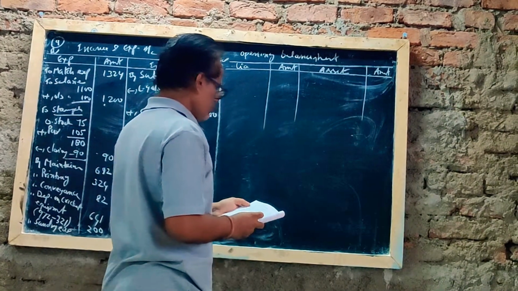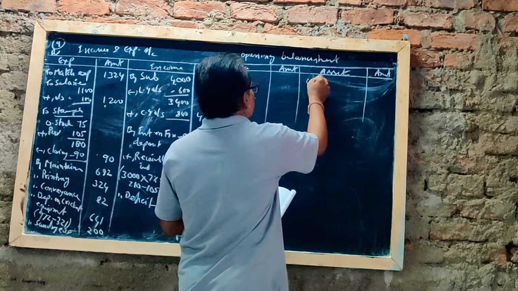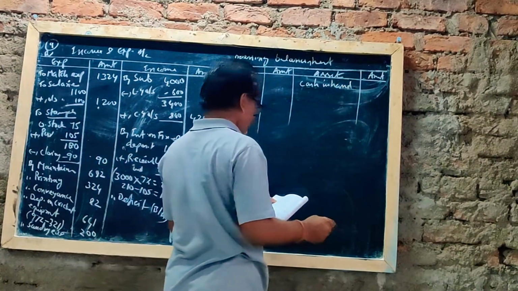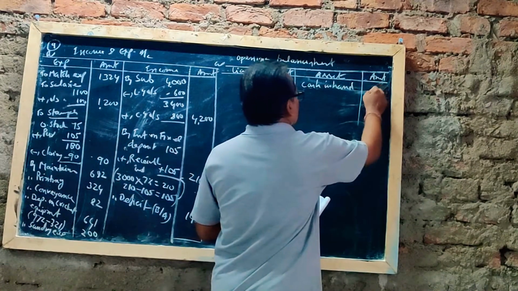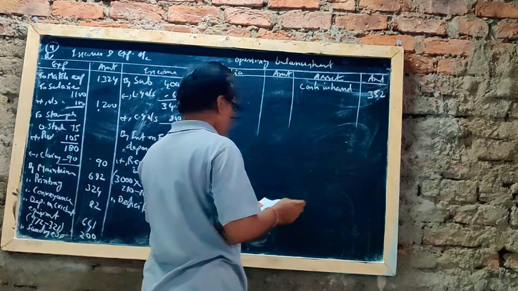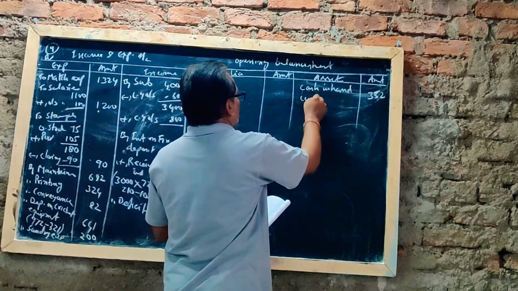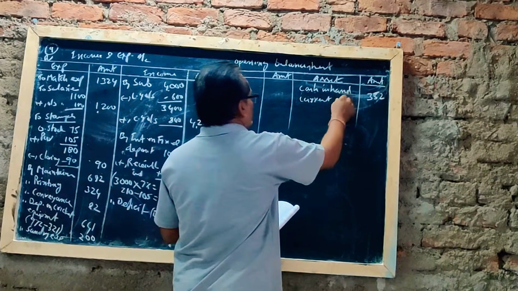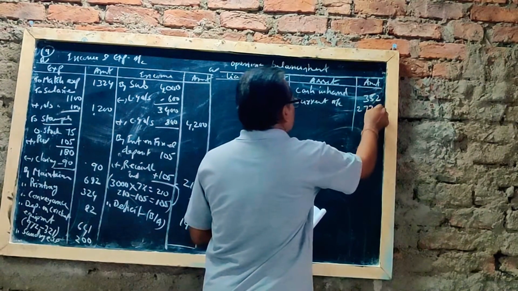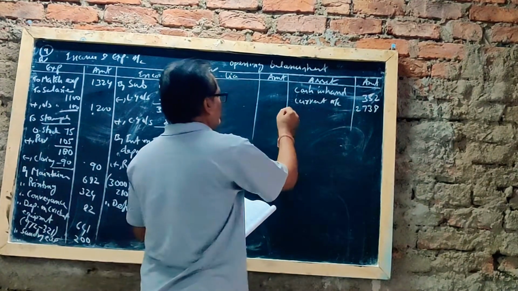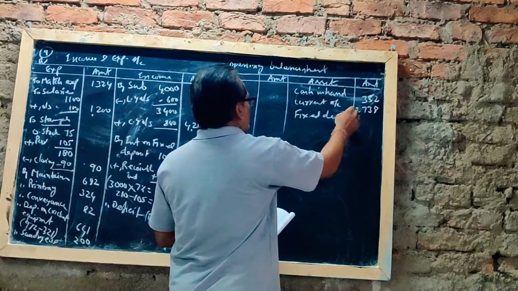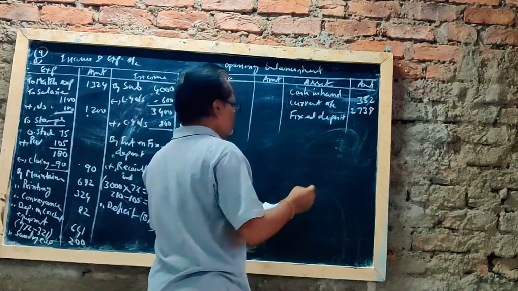First the asset side, opening balance. Here cash in hand 352, current account 2738, fixed deposit 3000.